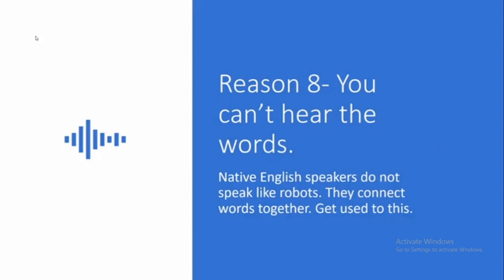It's called connected speech. A way that you can overcome that is something I call micro-listening. What I would do with my students is play them one sentence, like, do you want to go to the cinema? And I would say, okay, listen to this multiple times and try to break down what they're saying.